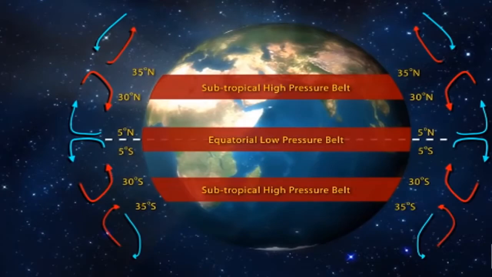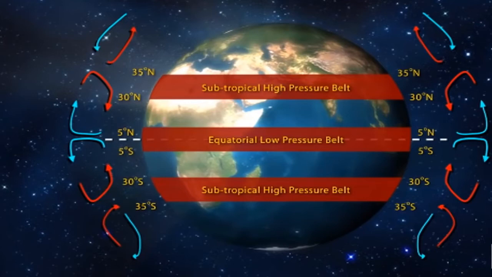The second pressure belt is the subtropical high pressure belt that coincides with latitudes of 30 degrees to 35 degrees north and south of the equator. The air that rises at the equator eventually meets the tropopause where it can rise no further.